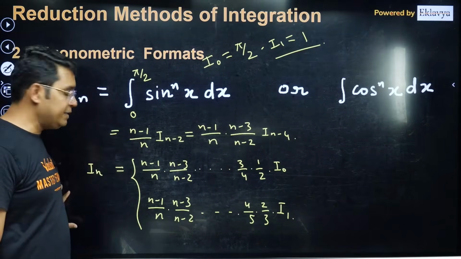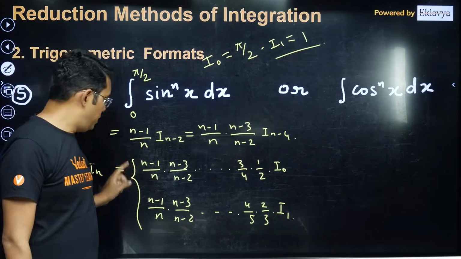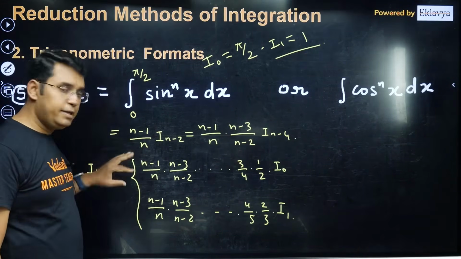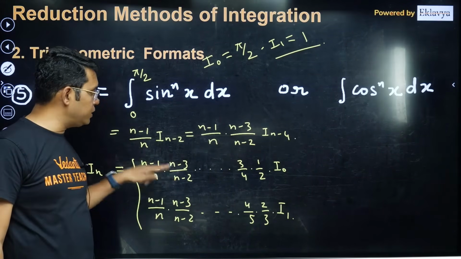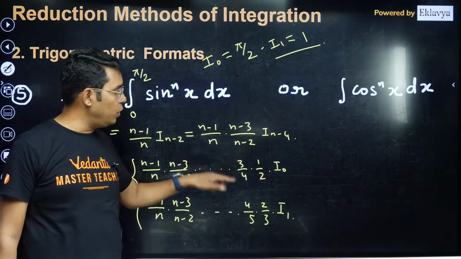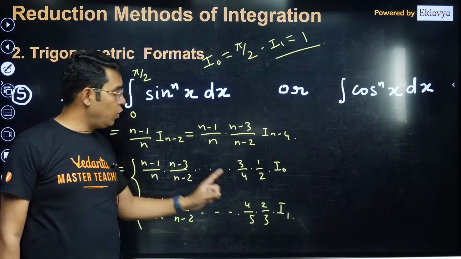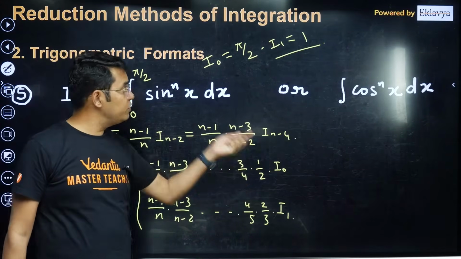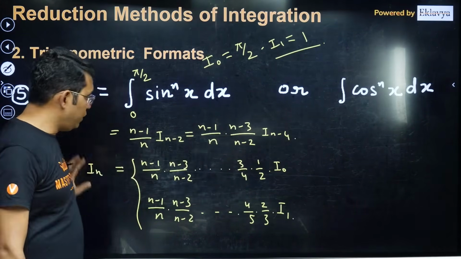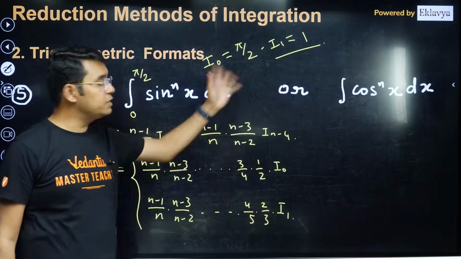Dear all, in this in, I tell you one idea you may follow. You can see n minus 1, n minus 2, n minus 3, n minus 4, and so on till you reach either 1 or 2. If you reach 1, then there will be I naught, which is equal to pi by 2. If it is 2, then it will be I1, which is nothing but 1.